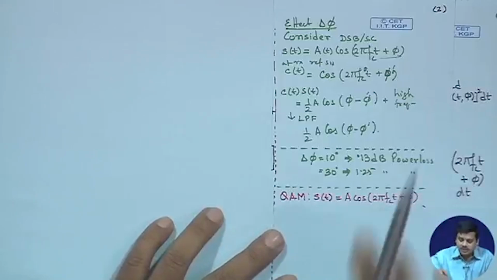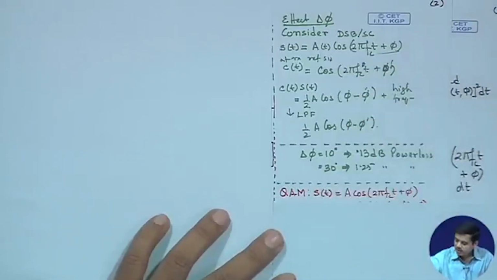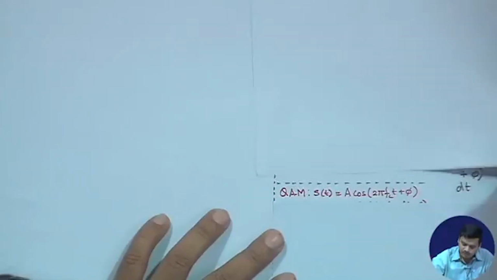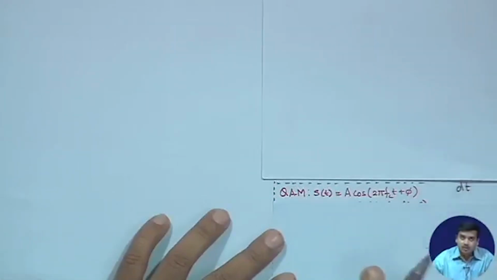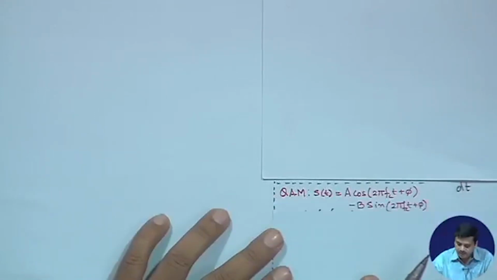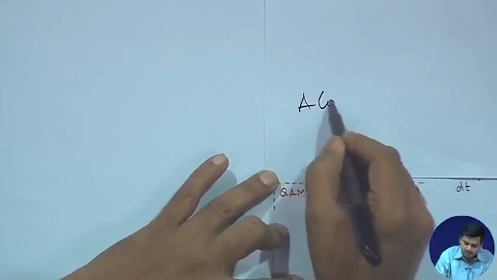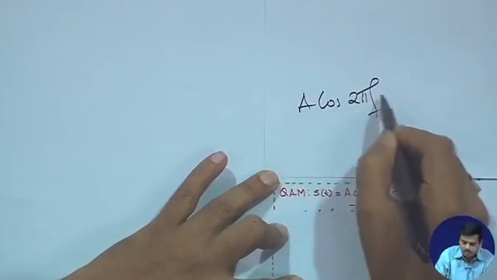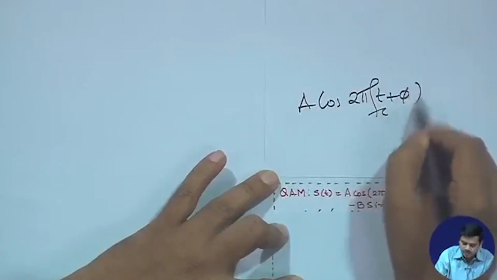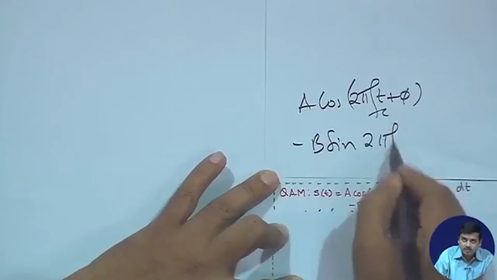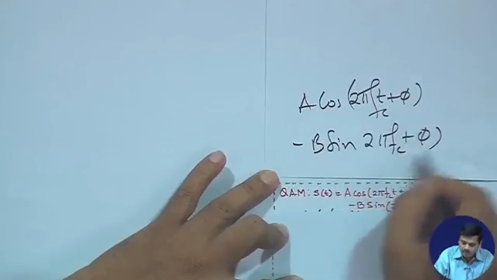So, now instead, if we consider a QAM constellation, a QAM signal, we are going to have ST equals A cos 2 pi FCT plus phi minus B sin 2 pi FCT plus phi, right. So, this is the typical expression that we have, A cos 2 pi FCT plus phi, and this is the carrier, minus B sin 2 pi FCT plus phi, right.